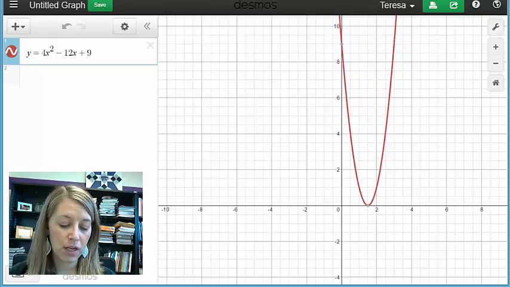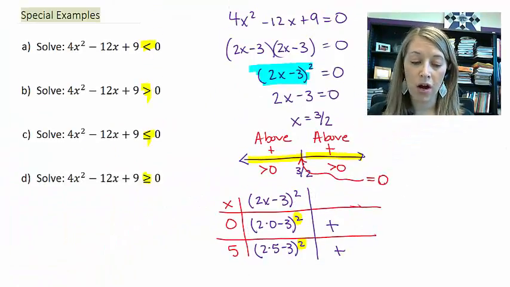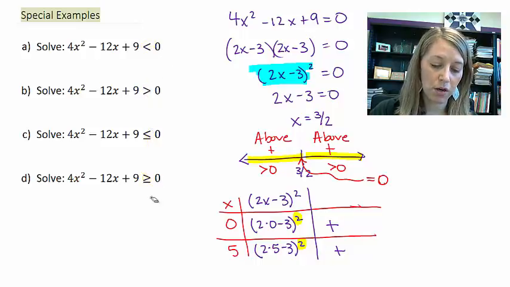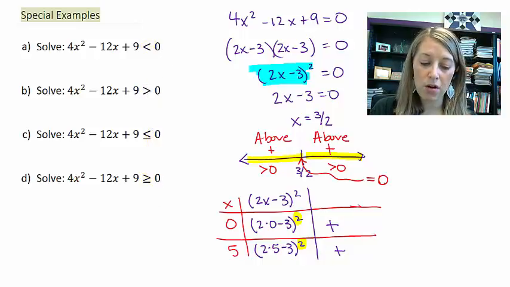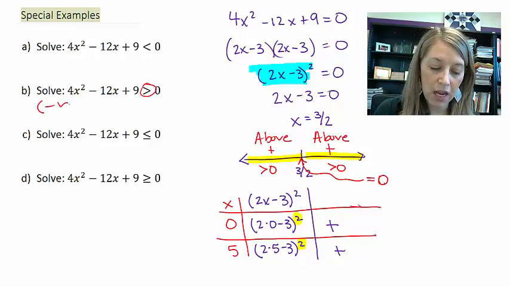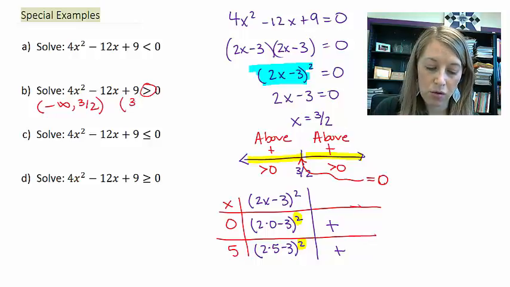Now what we need to do is select the appropriate intervals for each of our examples over here. Let's start with the easiest one, where it is greater than 0, because that's what I have on my sign chart. So it's greater than 0 on the left, so negative infinity up to 3 halves, my leftmost interval, and then it's greater than 0 on the right, so 3 halves to infinity.